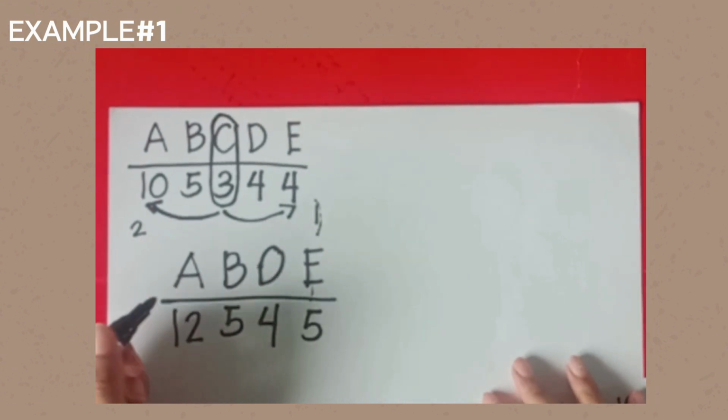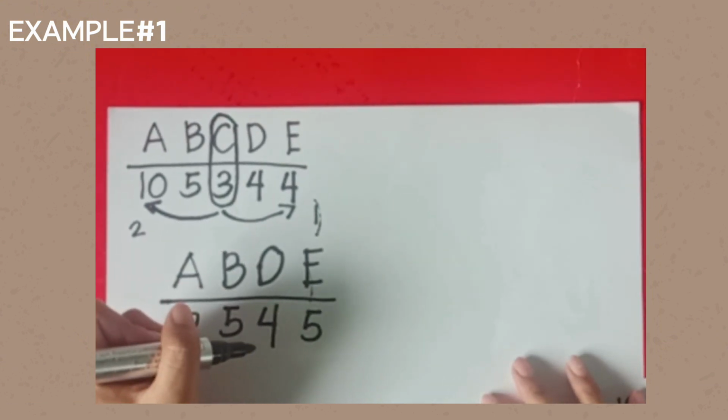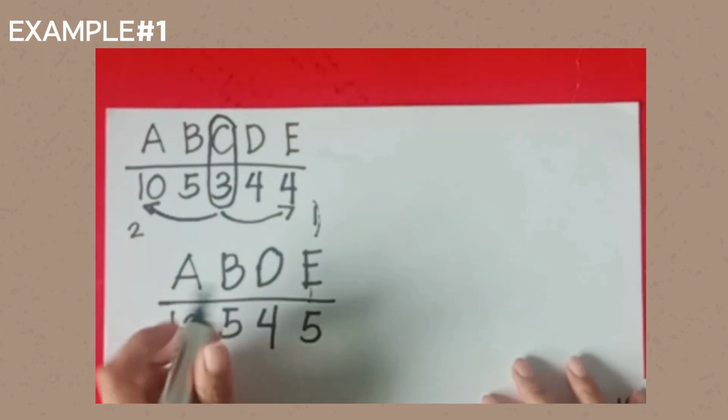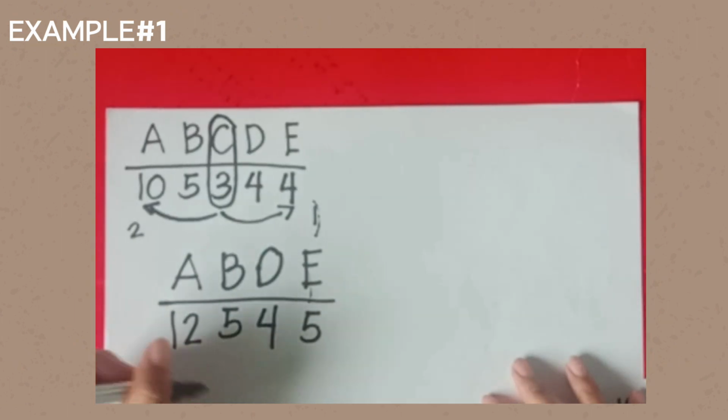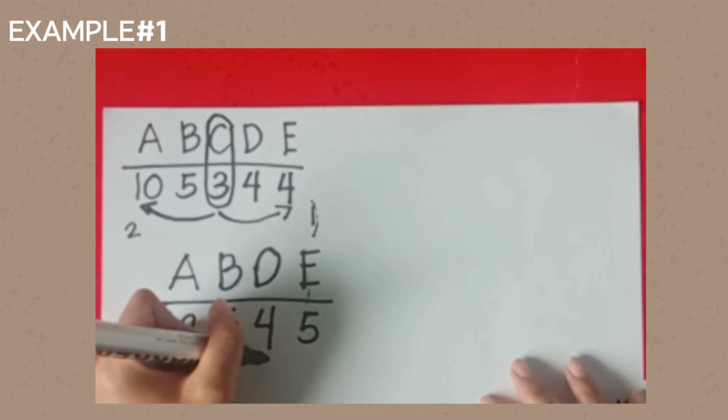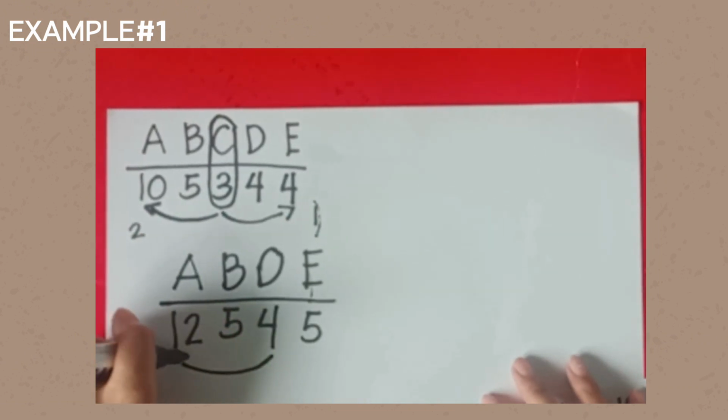Again, no one has a majority, so we need to eliminate the candidate with the least number of first place votes. Candidate D has been eliminated this time.